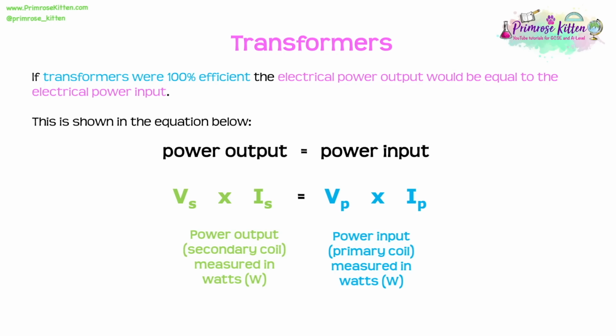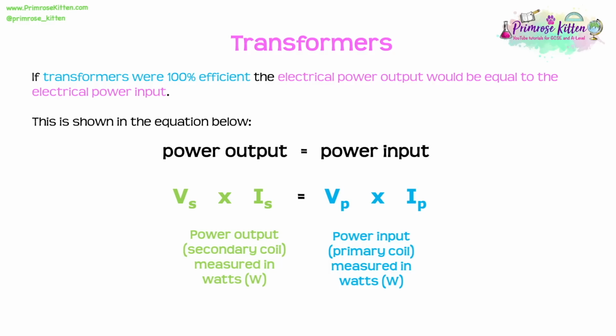Now, if the transformers that we have are 100% efficient, which of course really doesn't generally happen, but for the sake of GCSE physics, this is what we assume, then the electrical power output is equal to the electrical power input. And this here is the equation that we use.